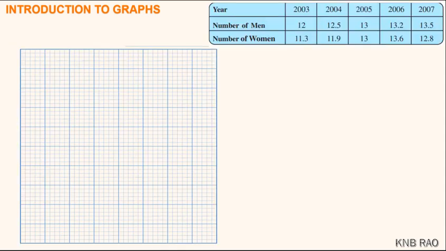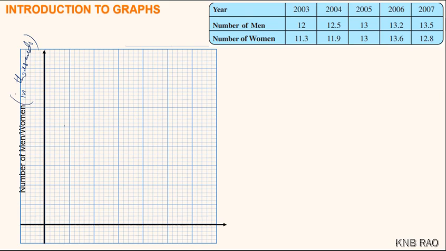Here I have taken similarly again vertical axis, wherein which I will be showing number of men or women in thousands. Whereas I have taken horizontal axis on which I will be considering years.